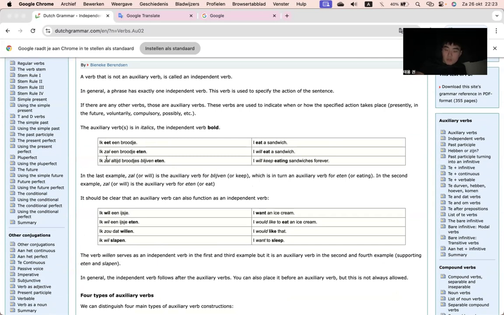So I guess you put the auxiliary verb right after the subject, yeah? And then you put the other independent verbs at the end if there is an auxiliary verb. So in the first example, there was no auxiliary verb. It was just one independent verb, ik eet. So that's why it just comes right after the subject. But in this case, with zal, in both of these cases, the auxiliary verb comes first.